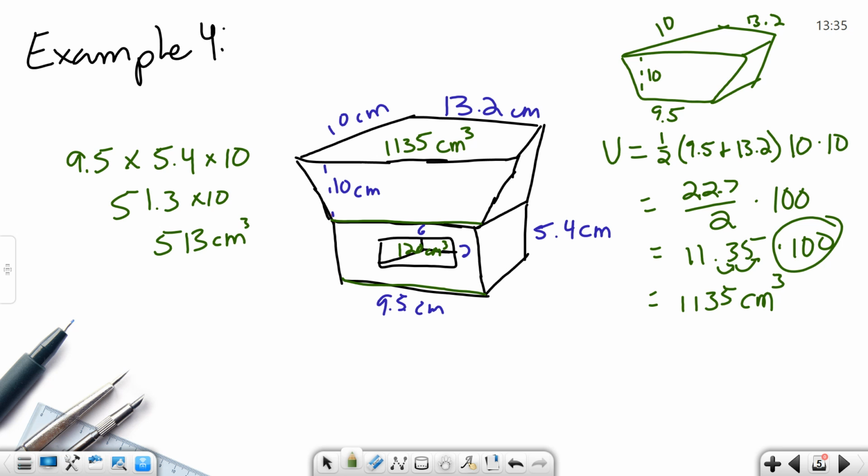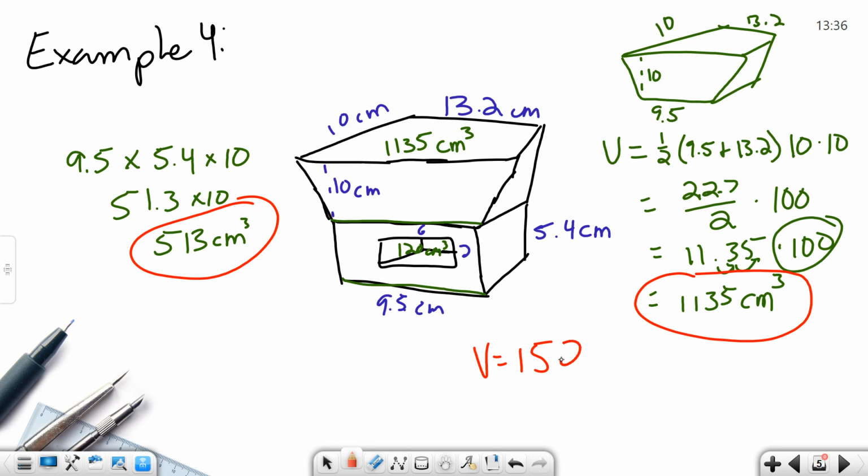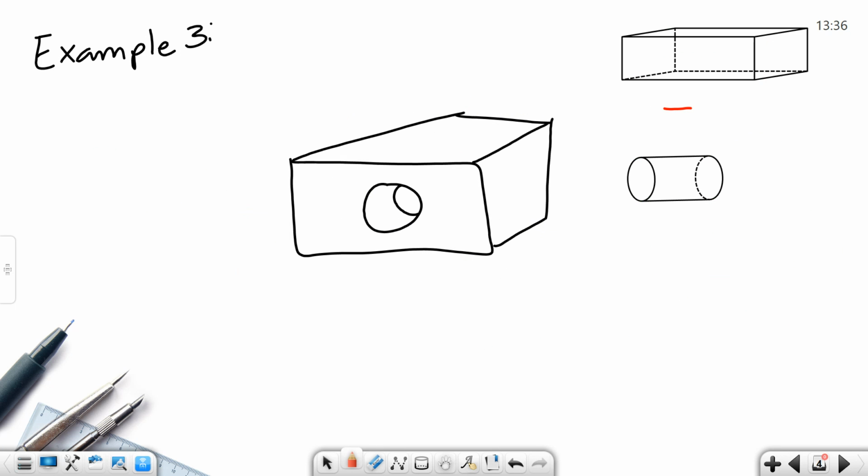So this space in here would be 120 centimeters cubed. So we are going to add this and this together. So 1,135 plus 513, and then we subtract our 120. The total volume is 1,528. So let's go and look at example 3.